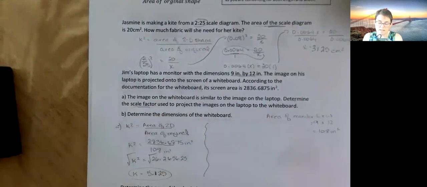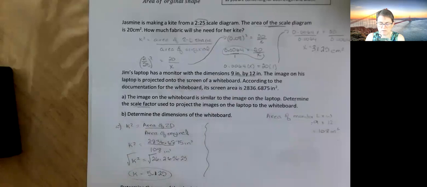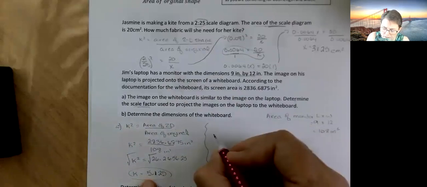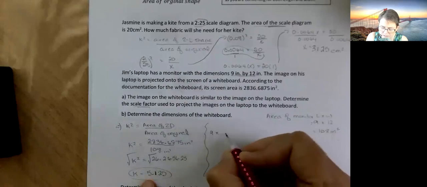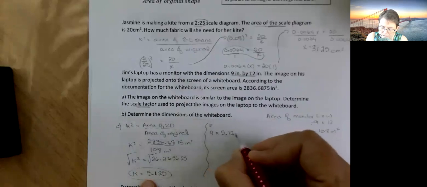Now determine the dimensions of the whiteboard. I think there's a bunch of ways to do this, but maybe the easiest is all we have to do is take the measurements and multiply them by our scale factor. So 9 times, so this is B, 5.125.